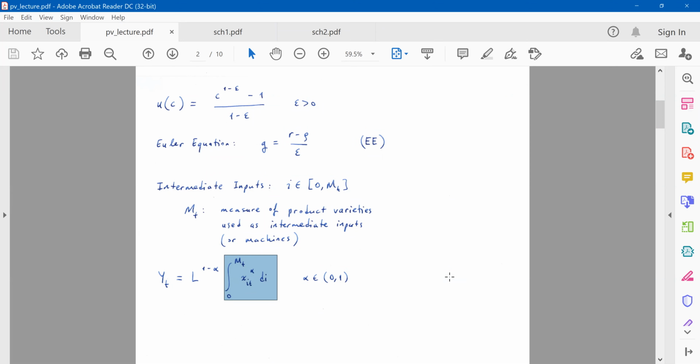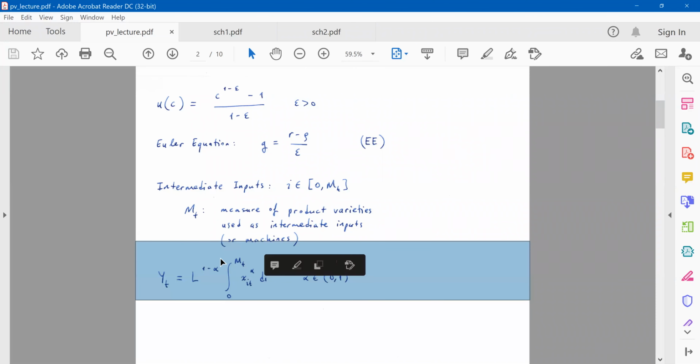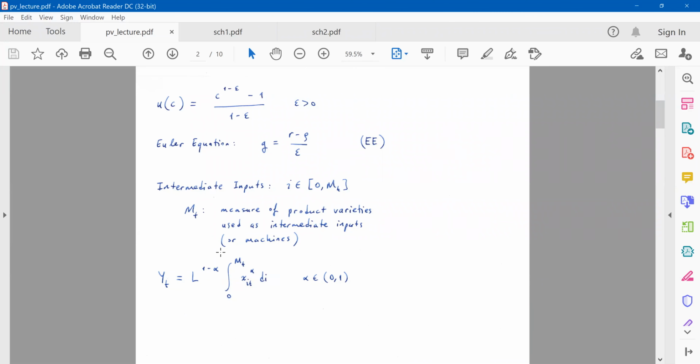So we index these machines from 0 to M_t, and x_it is the units of machine i used at instant t. Okay. So this is then an aggregate capital term, right? So this one that I highlight is an aggregate capital term.